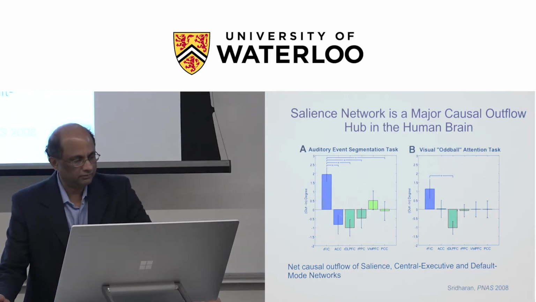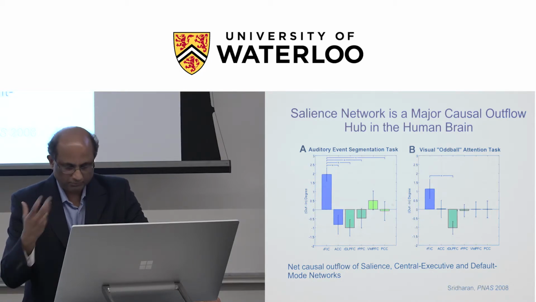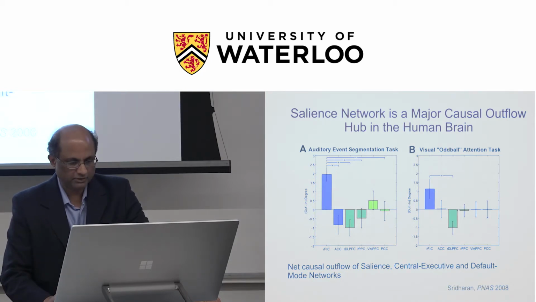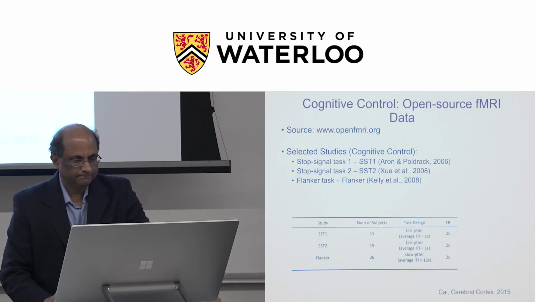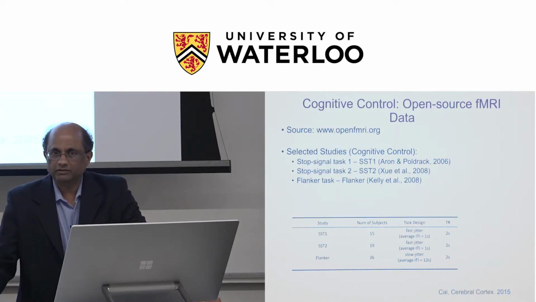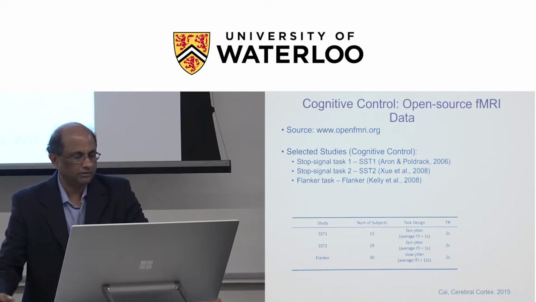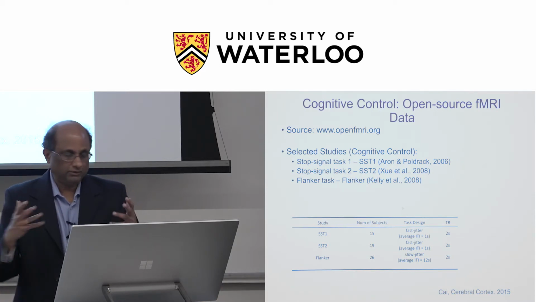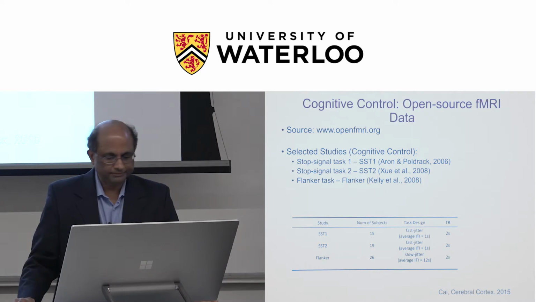And you see that we have a very strong causal drive from the anterior insula. So it's a causal signaling mechanism, we think. And obviously more data from electrophysiological studies, intracranial studies is needed to verify all of this, because that's really the ground truth.